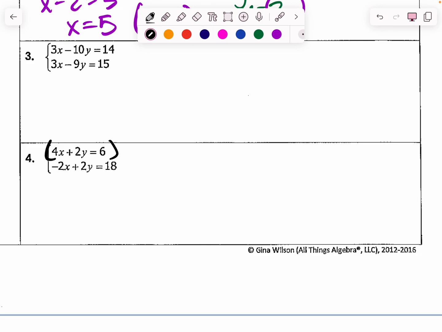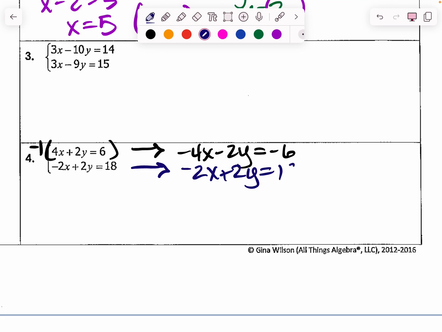So -2 times -2 plus 2y equals 18. 4 plus 2y equals 18. 2y equals 14. So y equals 7, so our answer is -2, 7. Do we feel good about these first ones?